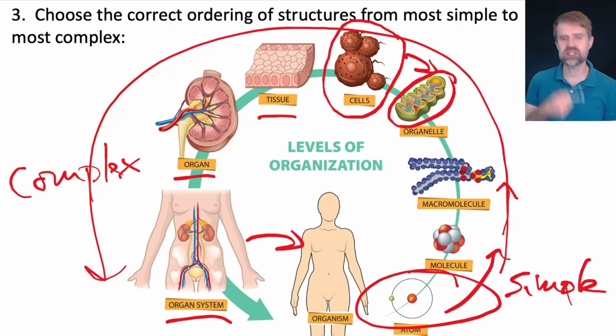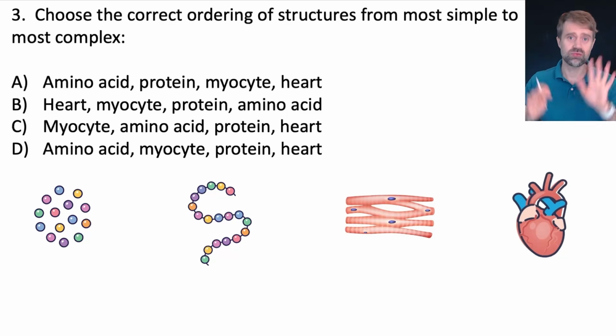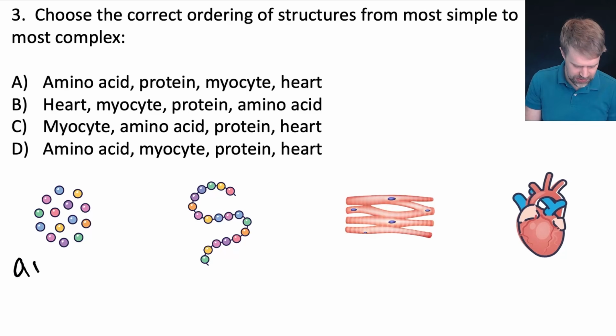So this is what the question is asking us to do. It gives us 4 things, and it's sort of saying, where along this path of simple to complex, where do these things fit? Okay? What makes this question a little bit challenging is we also have to know what these things are. You have to recognize them. We start over here with amino acids.